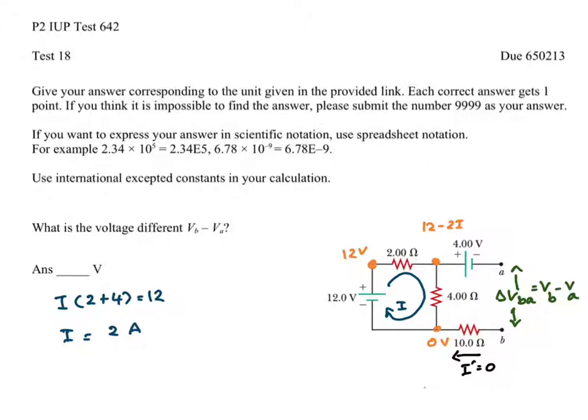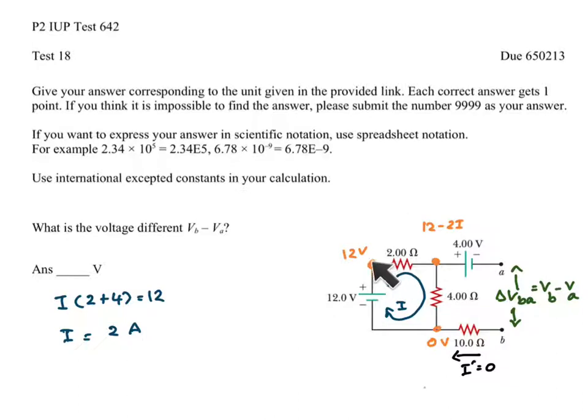Now, we know the current that passes through this 2 ohm resistor is 2 ampere. So we know the voltage difference across the 2 ends of this resistor.